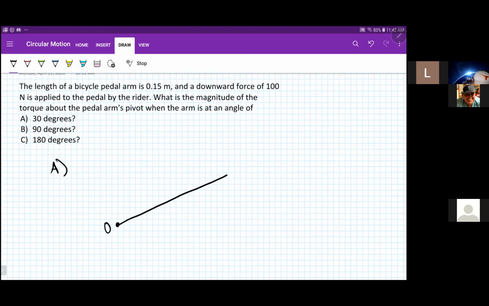Up here, this is my pedal, right? And it says that the rider is applying a 100 Newton force down, right there. It also says that this pedal arm length R is 0.15 meters.